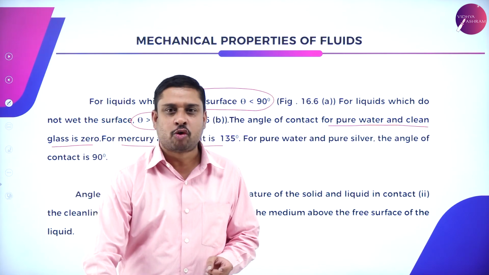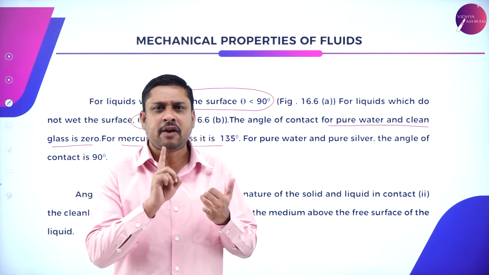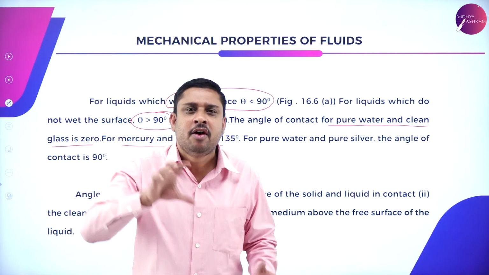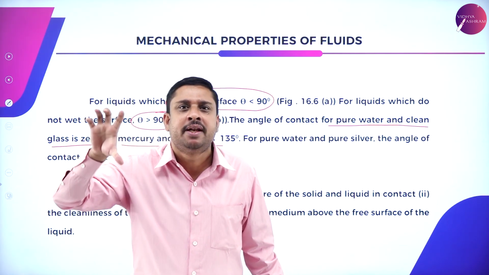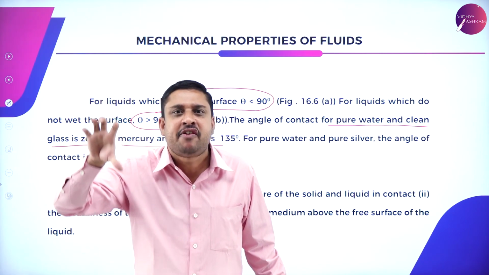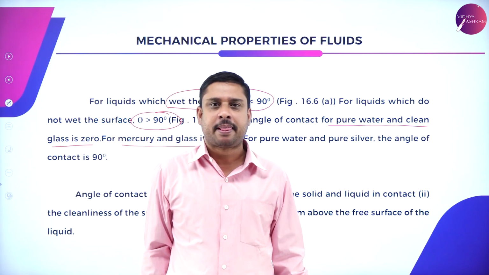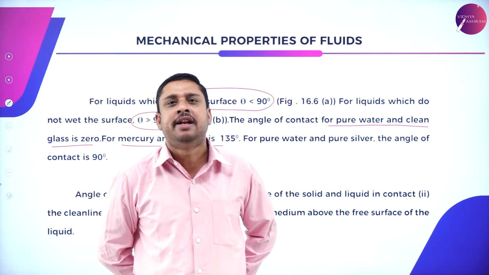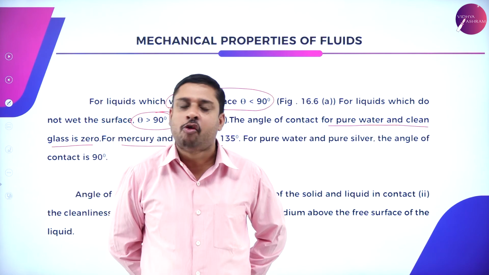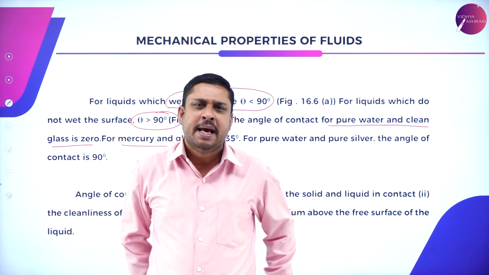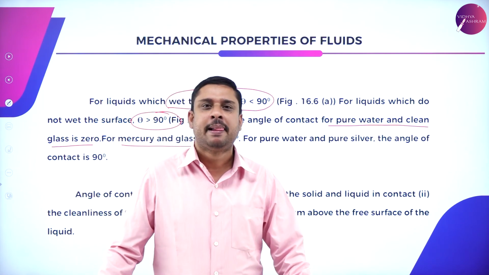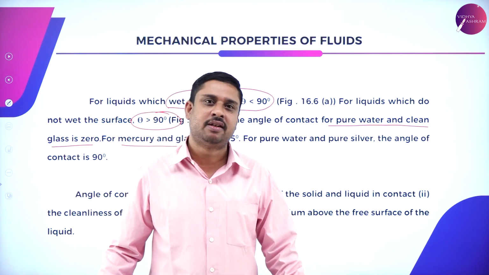So my students, in this session, we learned what is force of adhesion, force of attraction between different molecules, force of attraction between the same molecules we call force of cohesion, basically responsible for a property called surface tension.